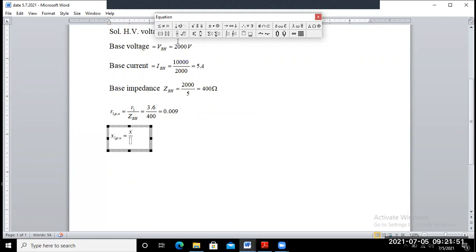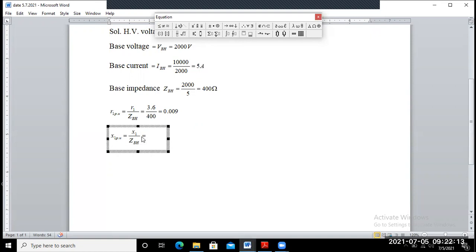So X1 divided by base impedance, that means ZBH. How much is X1 given to you? X1 equal to 5.2.